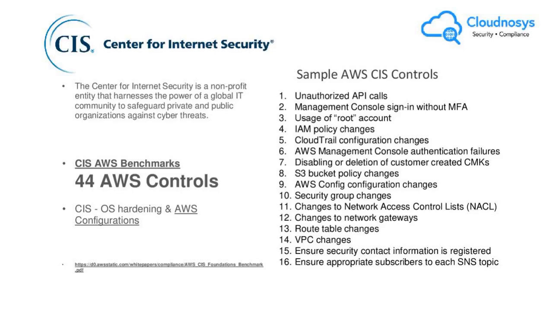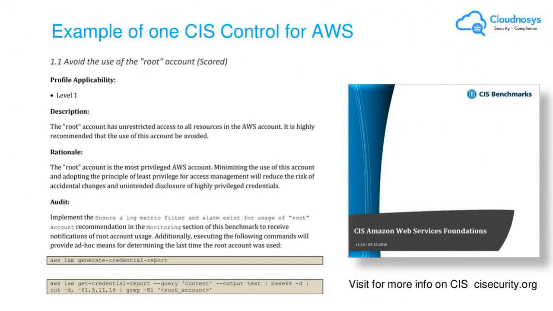And if you don't know about this, that's the first area you want to dig in and start using these security controls to actually manage your process. Okay, and as you get mature at it, you'll find that CIS is a good starting point, but it's not enough. So just one example of a security control is avoid the use of the root account. Okay.